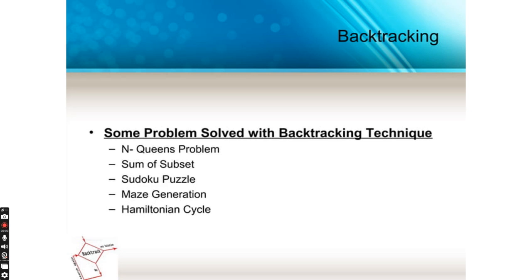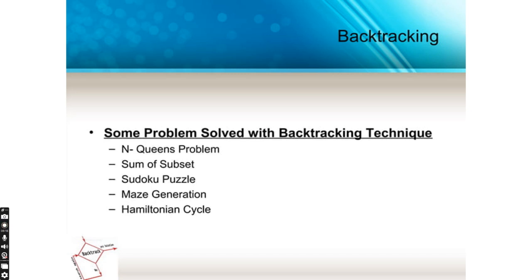Some of the problems solved with the backtracking technique are the n-queen problem, sum of subsets, Sudoku puzzle, maze generation, and Hamilton cycle. These are some problems we can solve with the help of backtracking. That's all about the introduction of the backtracking technique.